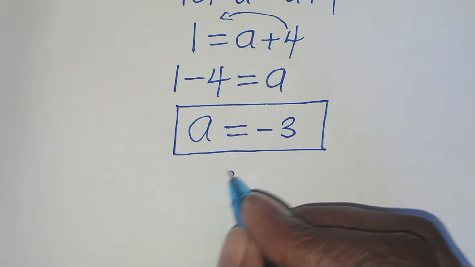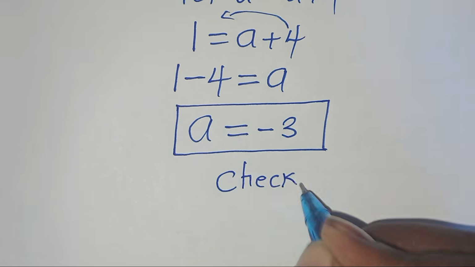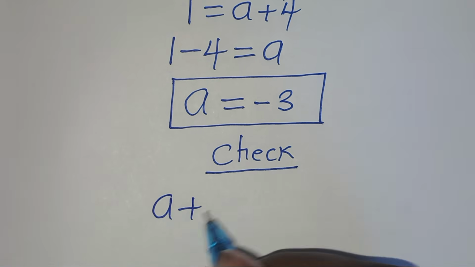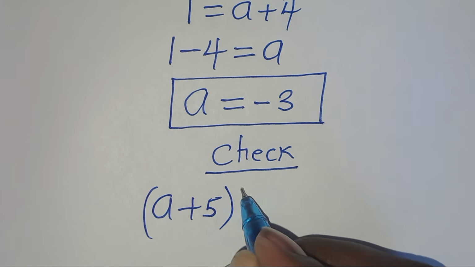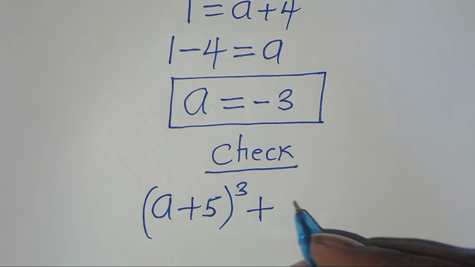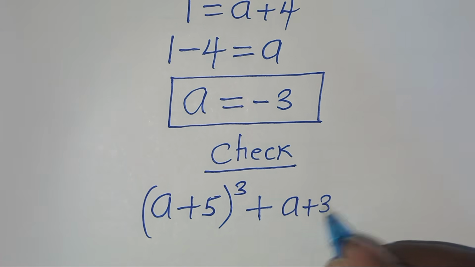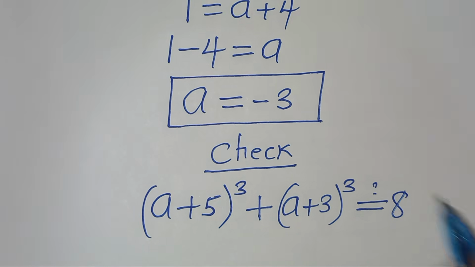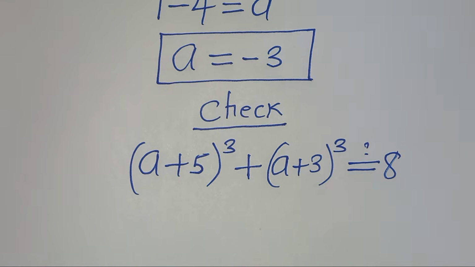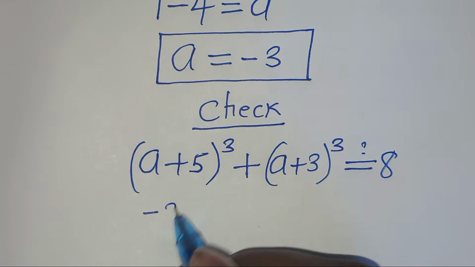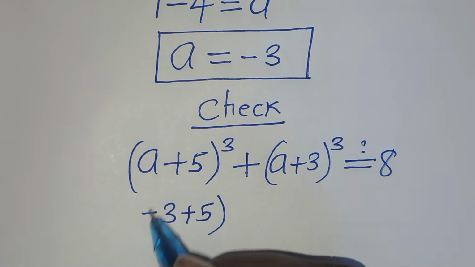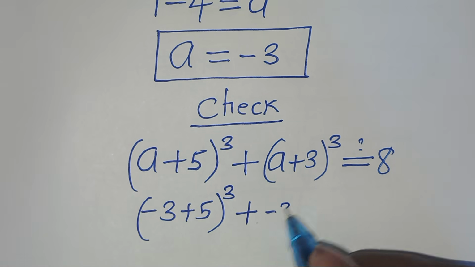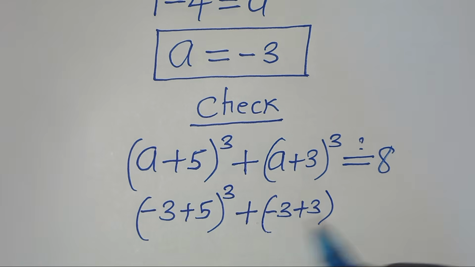Now let's check if this value of a satisfies the equation. If you recall, we have a plus 5 raised to the power of 3, plus a plus 3 raised to the power of 3. This should give us a value of 8. So let's substitute a, which is minus 3: negative 3 plus 5 raised to the power of 3, plus negative 3 plus 3 raised to the power of 3.